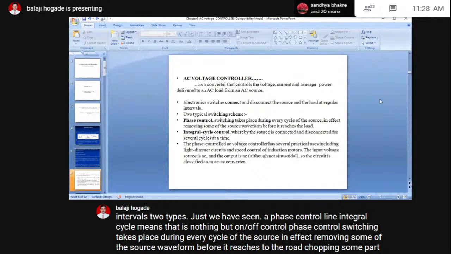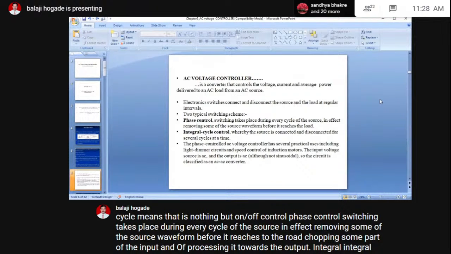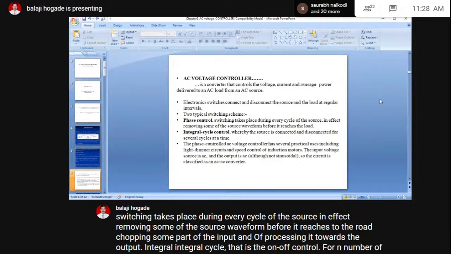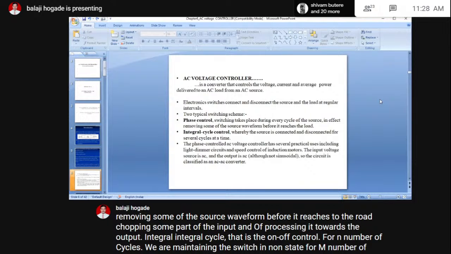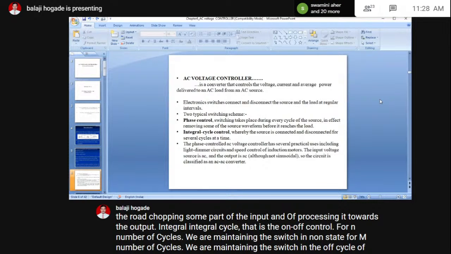Integral cycle is on-off control. For n number of cycles, we maintain the switch in the on state. For m number of cycles, we maintain the switch in the off state. That means it is integral cycle or on-off control.